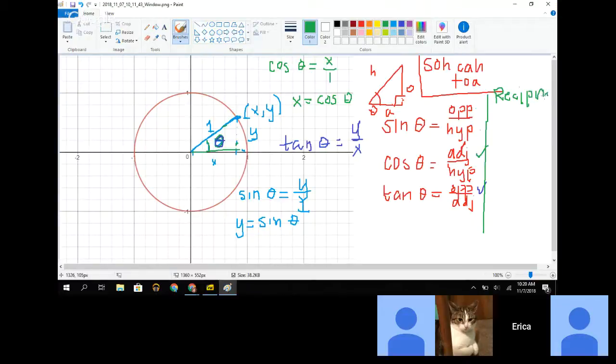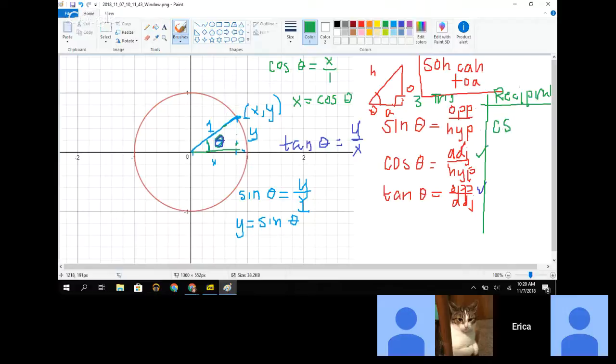This one we didn't talk about as much. So these are your 3 basic trig functions, sine, cosine, and tangent. Each of those has a reciprocal. Okay? So the reciprocal of sine is something called the cosecant.